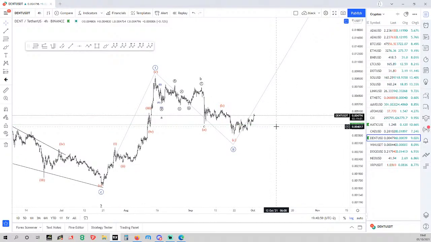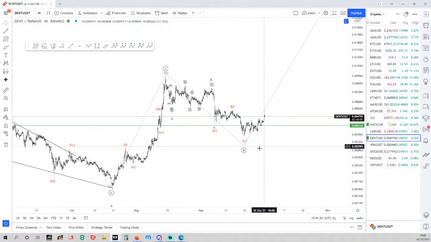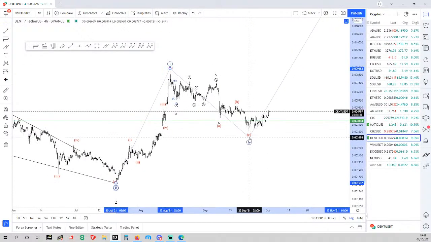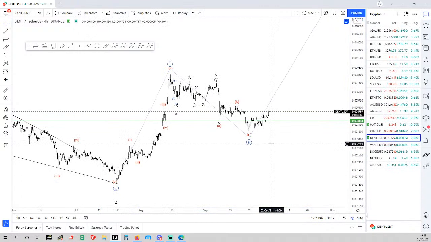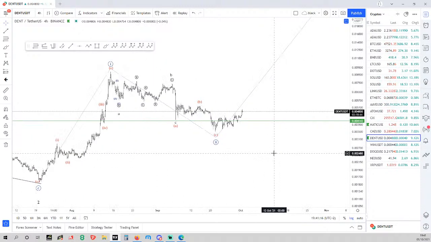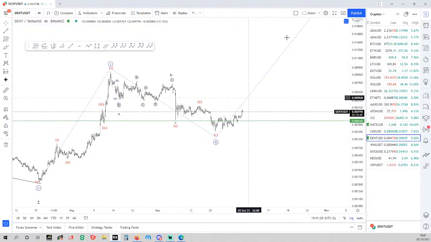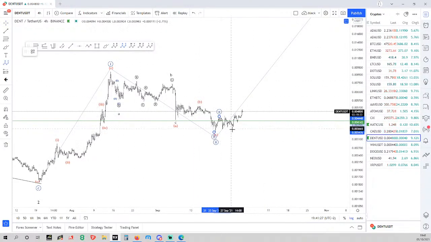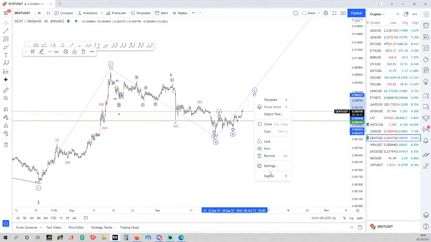So basically, the green line is where my entry was. I'm here unleveraged, so of course that is quite nice. But yeah, basically this move could be seen perhaps as a corrective. This could be seen as some kind of A, B, and then a wave C of some degree.